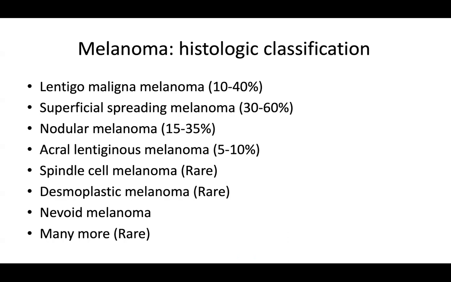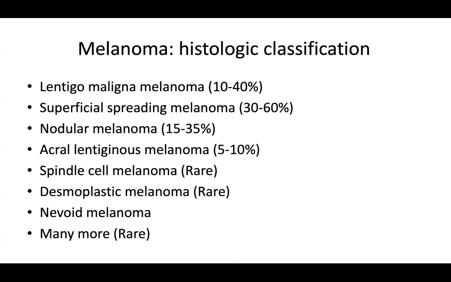So oftentimes desmoplastic melanoma is composed of spindled or epithelioid cells, but it has a prominent collagenous or sclerotic stroma around it. And these can be very tricky to diagnose. And so you'll want to look for a melanoma in the junction overlying that desmoplastic melanoma proliferation. And we'll get to some examples.